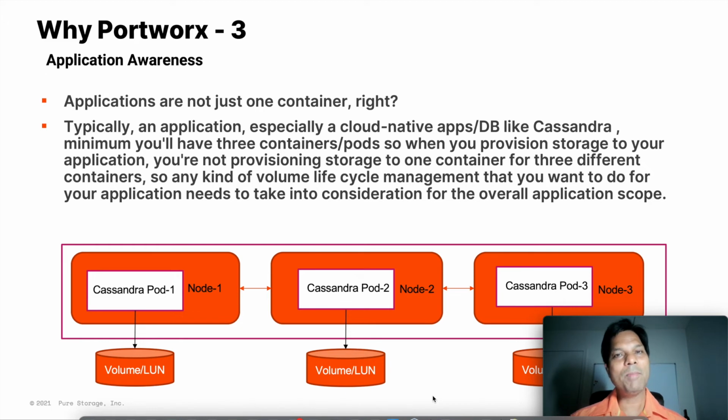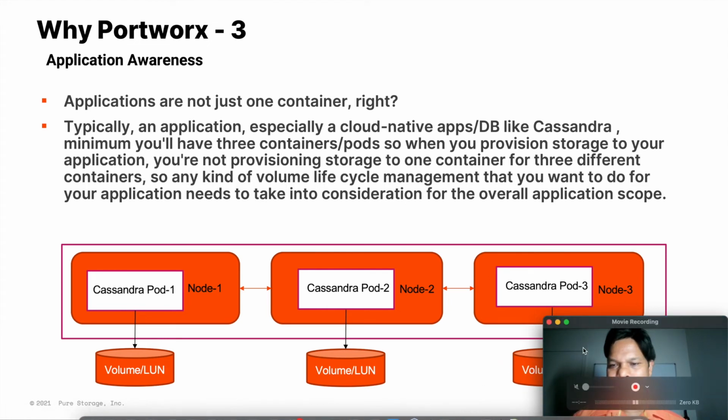That volume lifecycle management is done by Portworx. Cassandra is just an example, but for any stateful application we are running, Portworx knows how to manage the application with the underlying PVCs, or persistent volume claims. That is what application awareness is.